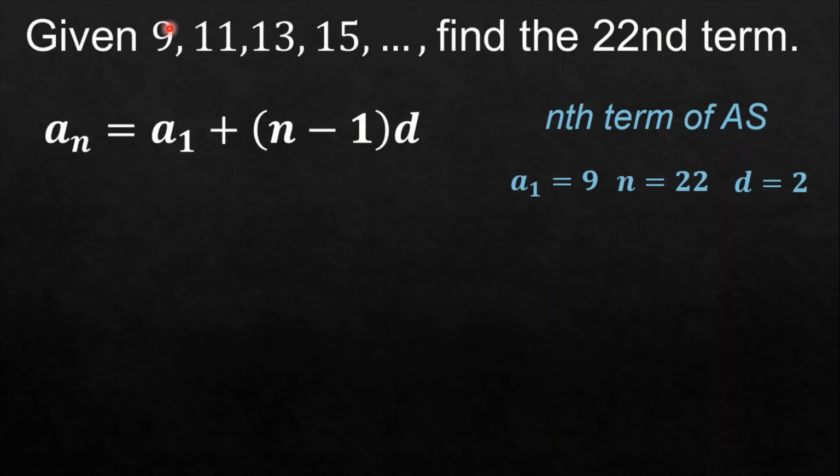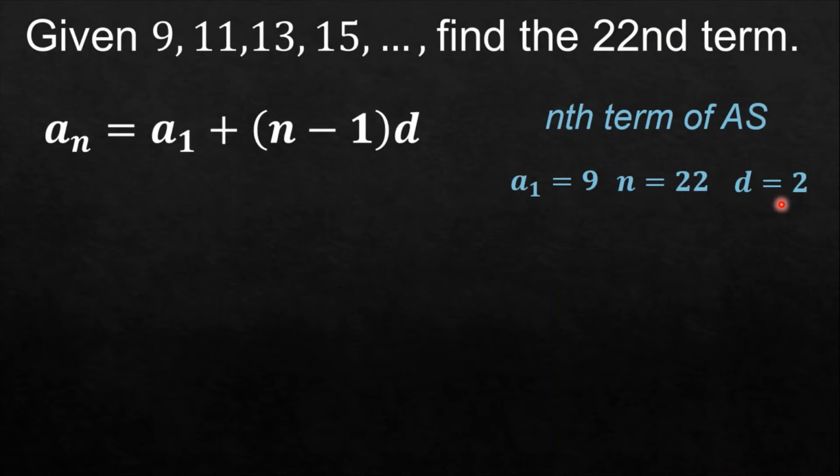The first term is 9. N is 22 kasi ang hinahanap nating term ay ika-22nd term. And d is 2. The common difference is 2. Bakit naging 2? Kasi 11 minus 9 is 2. 13 minus 11 is 2. 15 minus 13 is equal to 2. Kaya ang common difference natin ay 2.